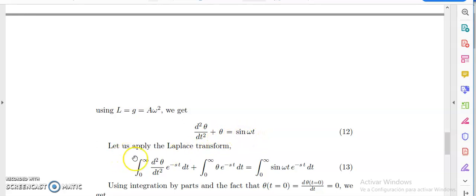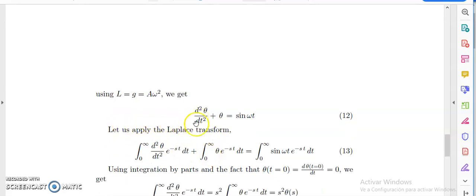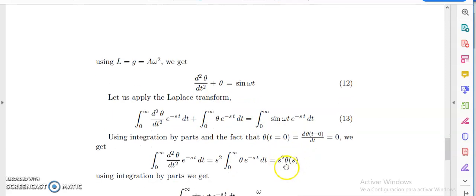Now we will apply the Laplace transform. We need to multiply both sides of the equation by the exponential e to the minus s t and integrate from 0 to infinity. If we do this, the second term is the Laplace transform of theta, which we call theta of s.